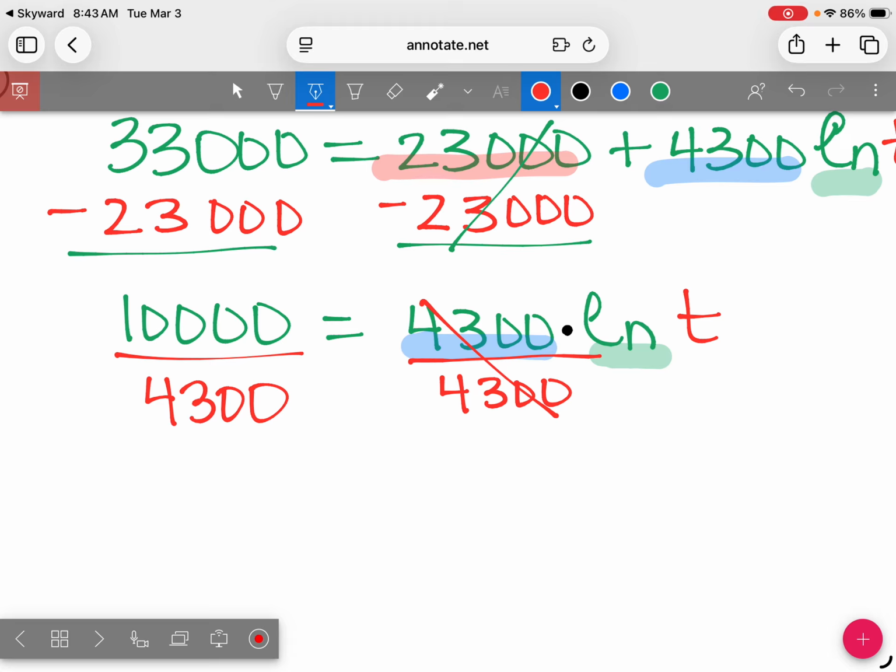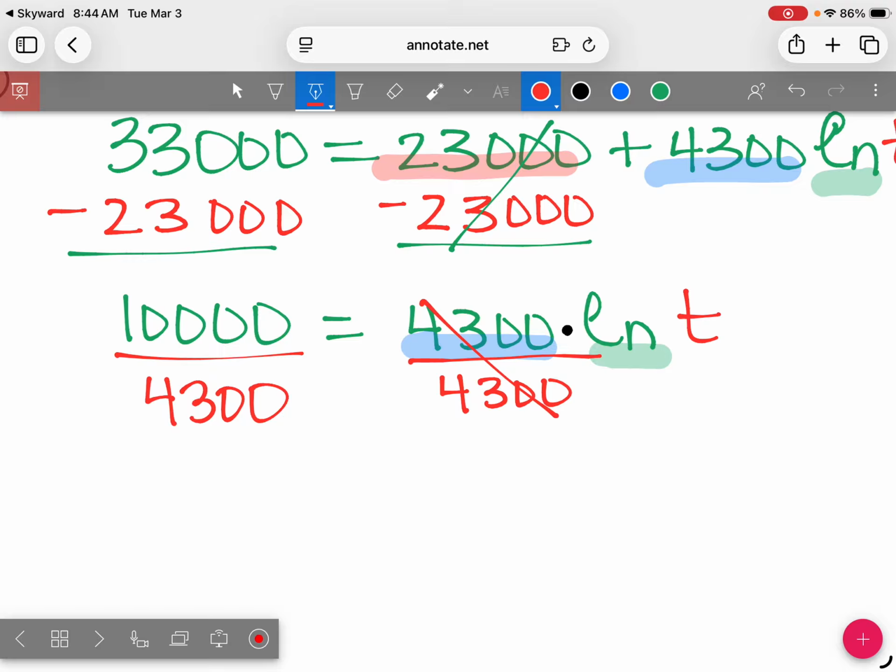So pick up your calculators, take 10,000 and divide it by 4,300. We'll go 2 numbers after the decimal. Remember that 2 is followed by a 5. So you have to round up.